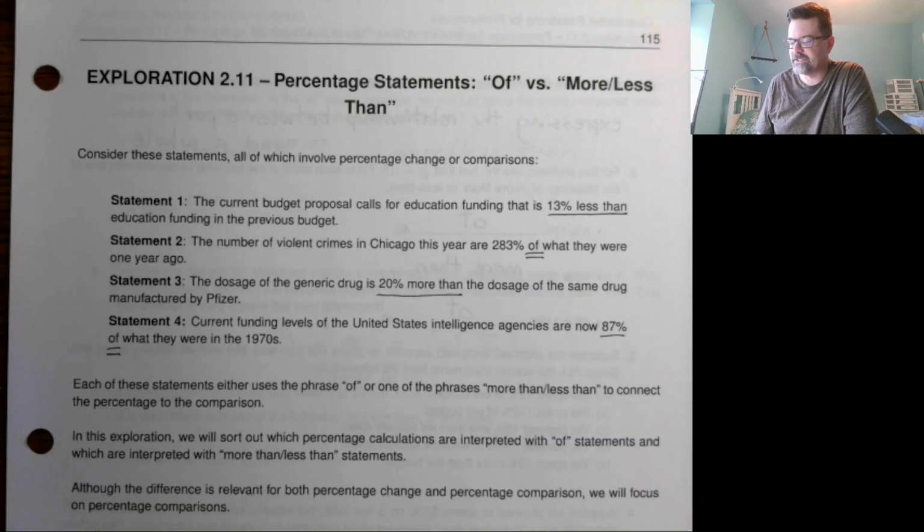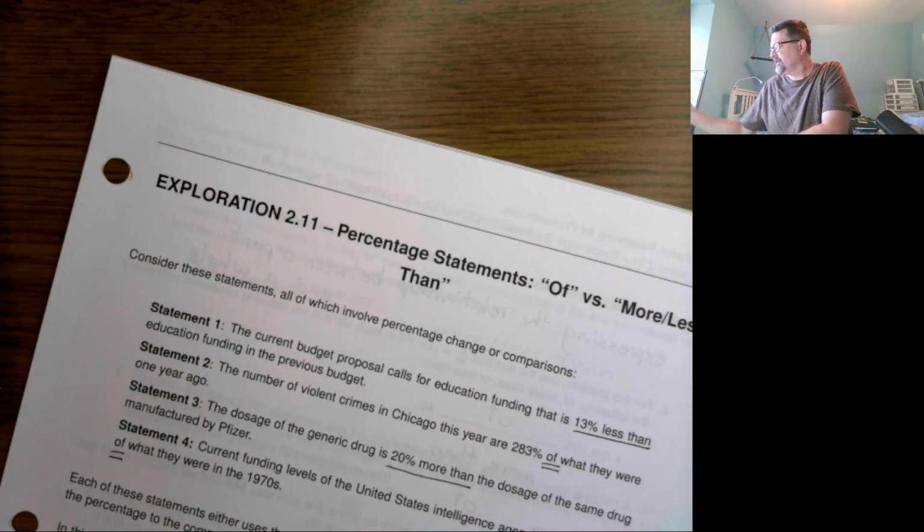And all of those are stating a comparison between two numbers, but they're just stating the comparison in slightly different ways.